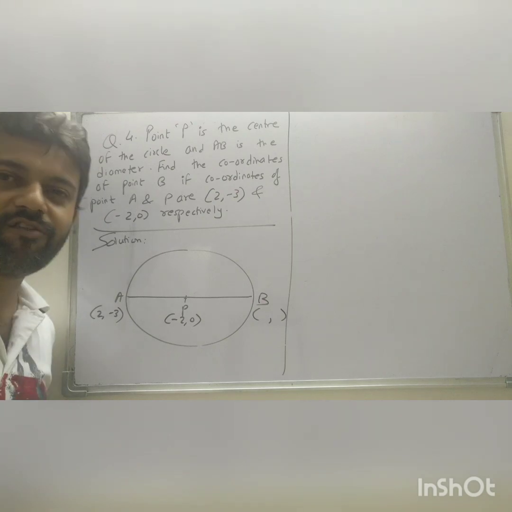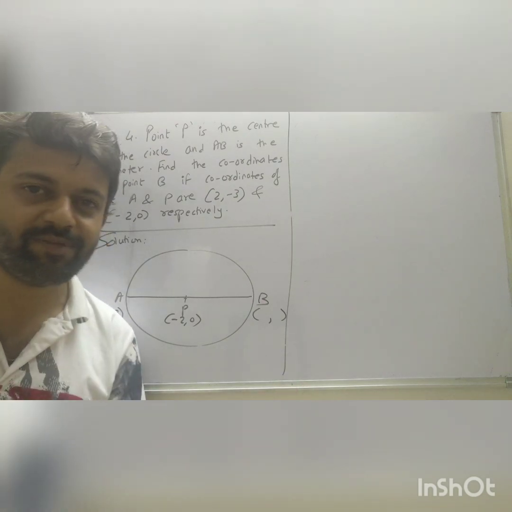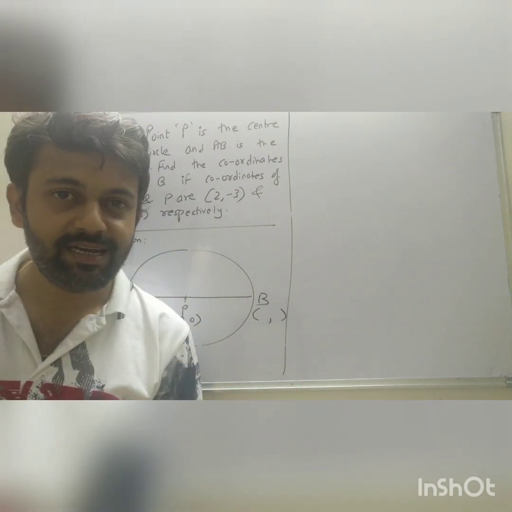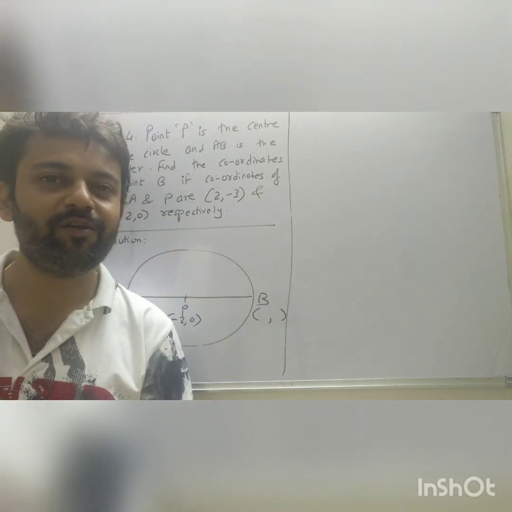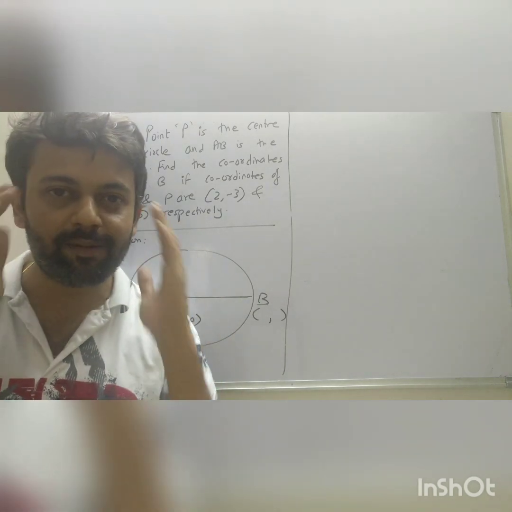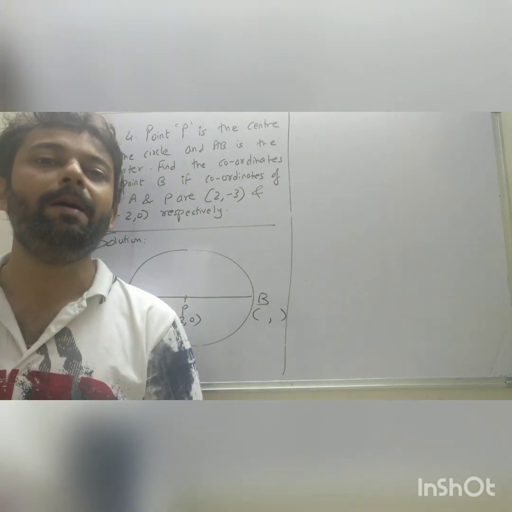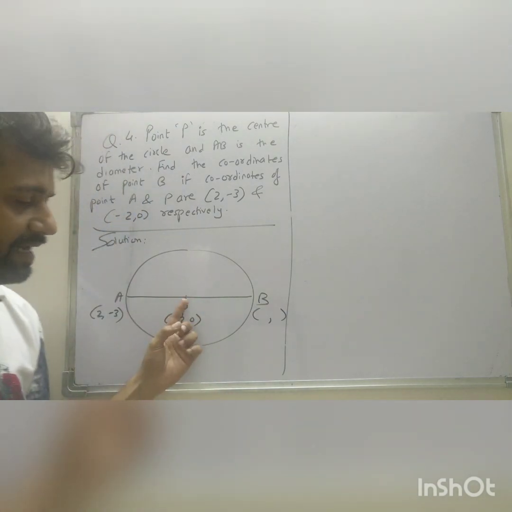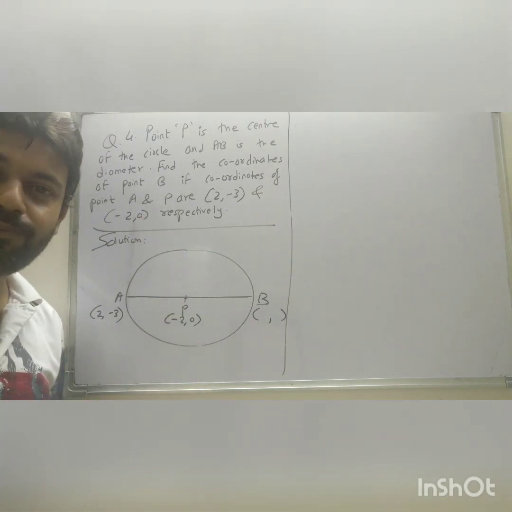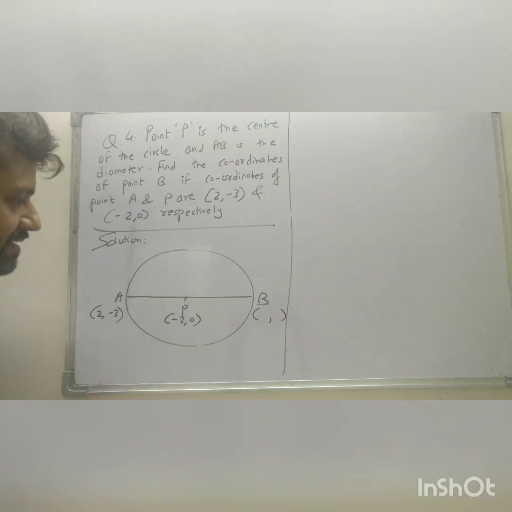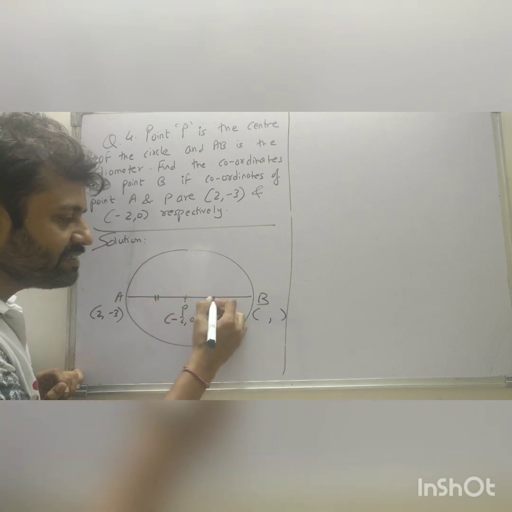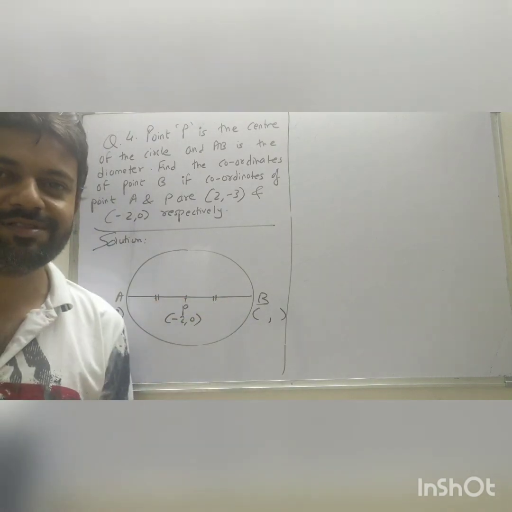As I said, this sum belongs to midpoint formula, so everyone must think of midpoint formula. To use the midpoint formula, you should be clear that you should have a midpoint. Here, they haven't said P is the midpoint, but we know that P is definitely the midpoint of the segment AB.